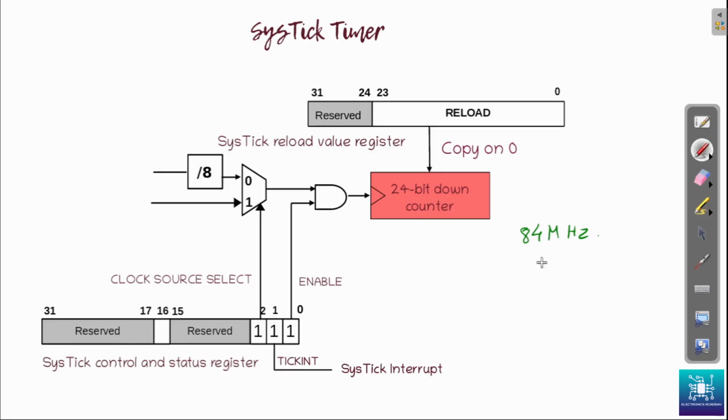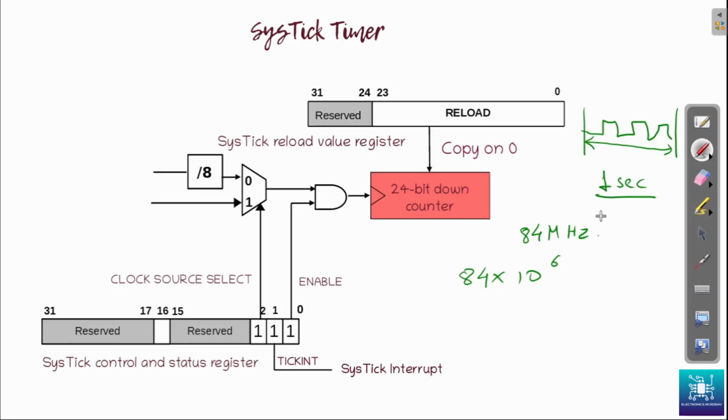For 1 second, the count should be 84 into 10 to the power of 6, of course, because this is following the clock cycle. When so many cycles expire, 1 second has elapsed. So we know about that.